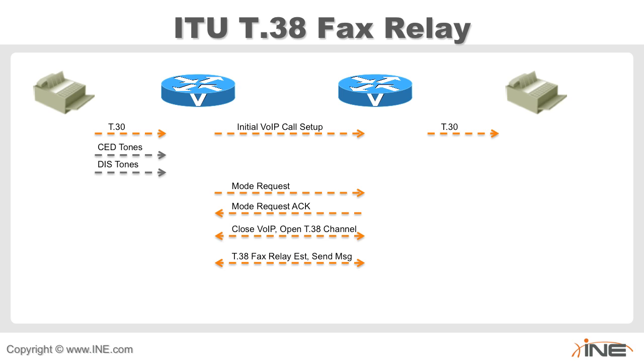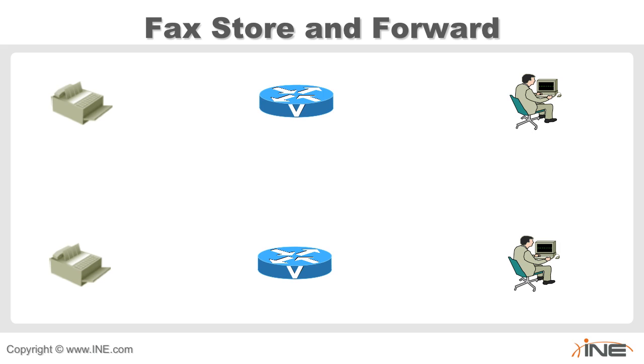Well, if we've got, let's say, a small office, and maybe we've got, let's say, CME is here, and we've got CUE, Unity Express, or Unity Connection can also handle this. And we've got a fax machine, and we're going to do on-ramp, off-ramp.